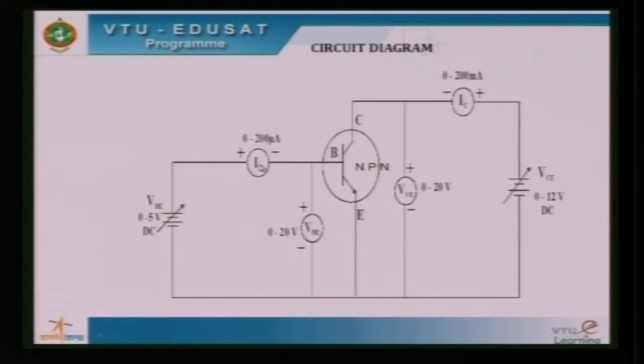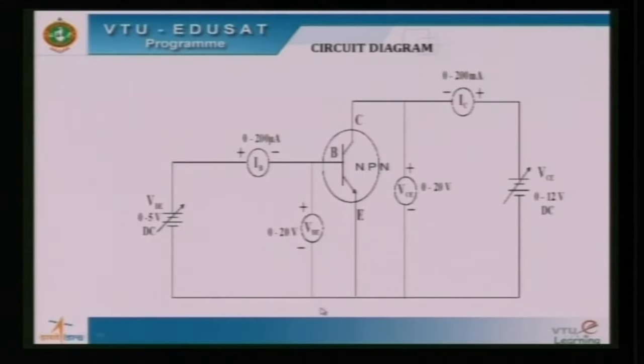To record the current readings in the input circuit we connect a microammeter because current is of the order of microamps, and milliammeter is inserted in the output circuit so as to measure the output current. The bias voltages are recorded in the voltmeters.